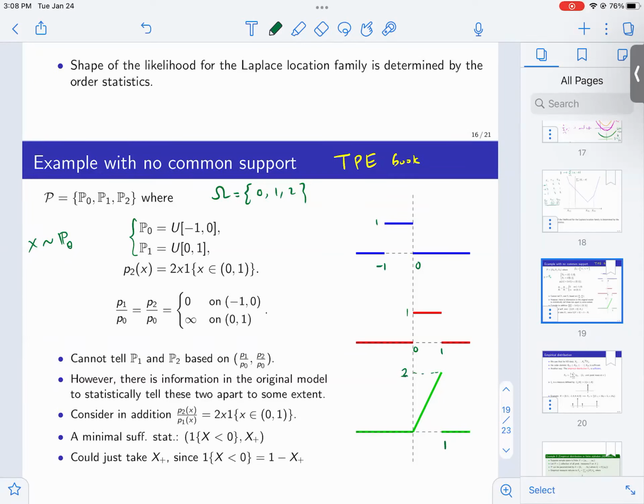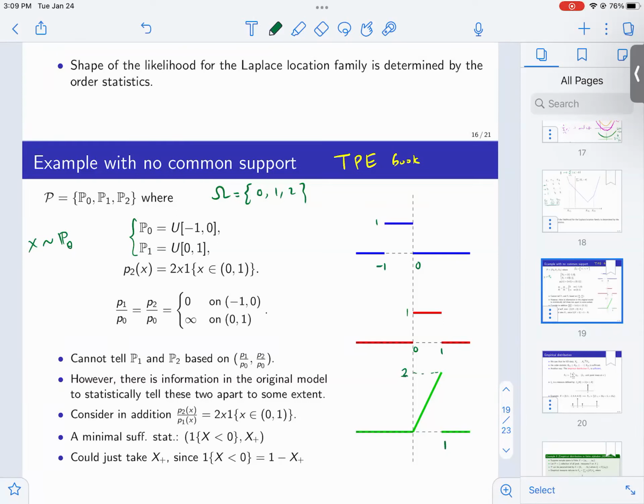If I form the ratios, for both P1 relative to this and P2 relative to this, they're essentially the same. You get 0 here, because they're both 0 here, divided by 1, so you get 0. And then infinity, basically: this divided by that is infinity. So this just has the sign information, basically.